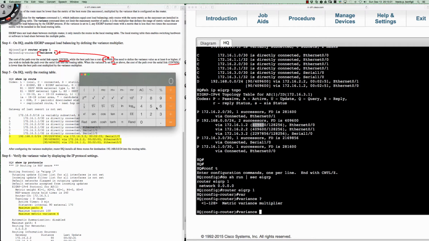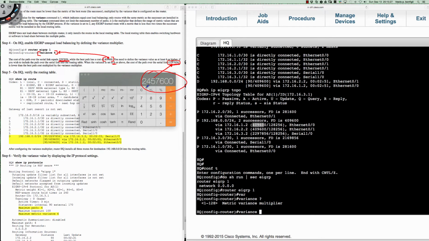So if I were to clear that and say 409,600 multiplied by 6, I get 2.457 million. And when we compare that to the feasible successor's metric, it is less. So 6 works out beautifully.